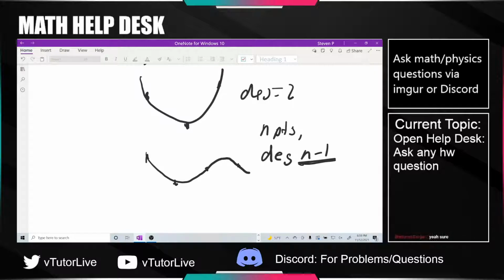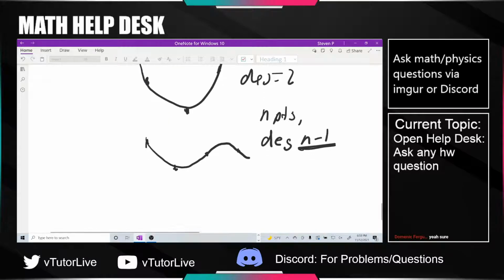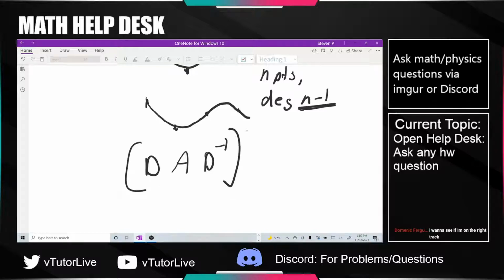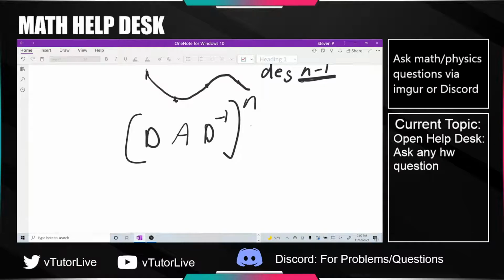The reason diagonalization is so nice is because it's like D, then matrix A, and then D negative 1, right? So if you raise this to some high power, like to the nth power, when you put D, A, D negative 1 next to each other, the D and the D negative 1 cancel out.